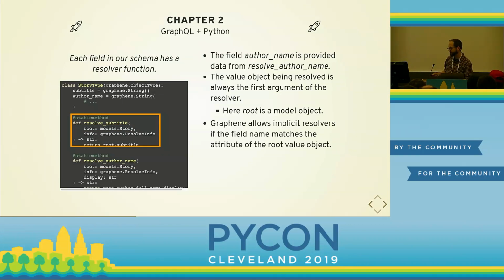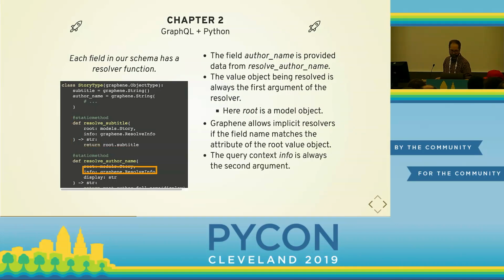Graphene allows us to have implicit resolvers if the field name matches the attribute of the root value object. In this case, the field is called subtitle, and the attribute on our object that we're resolving is also subtitle. So we don't need to write that. Query context info is always the second argument.